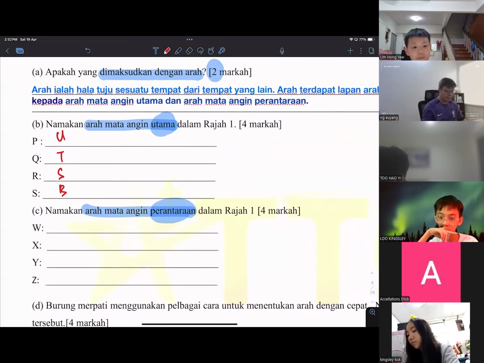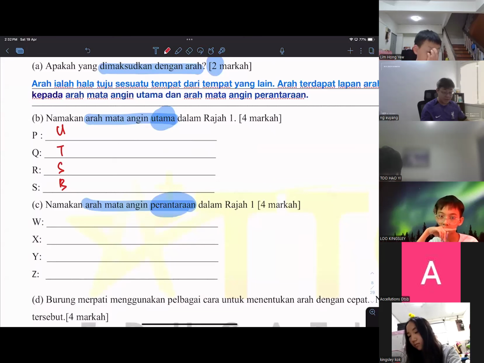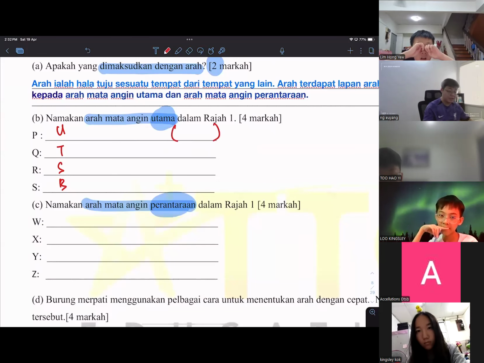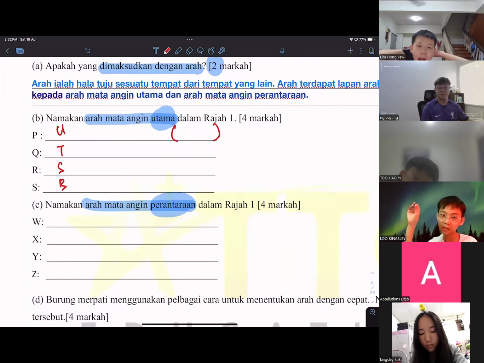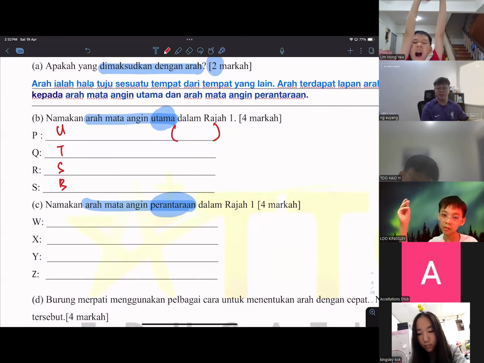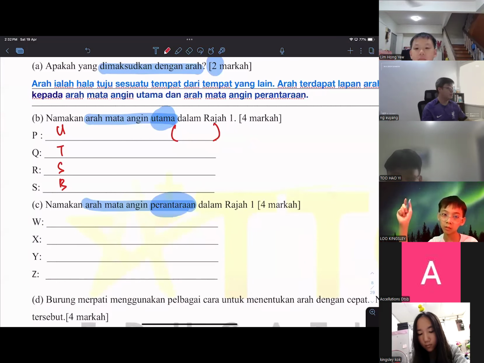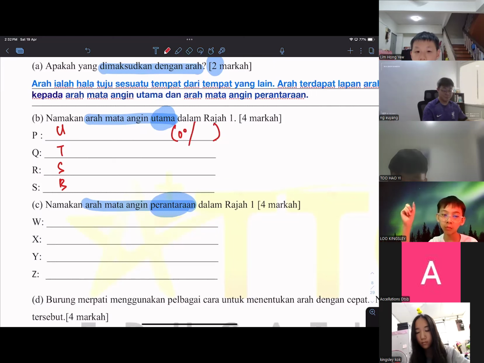So guys, before we continue to the arah mata angin perantaran, what is the degree for utara? Yeah, so this is 0 degree, guys, or 360 degree.